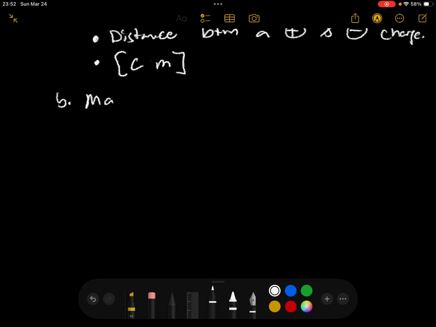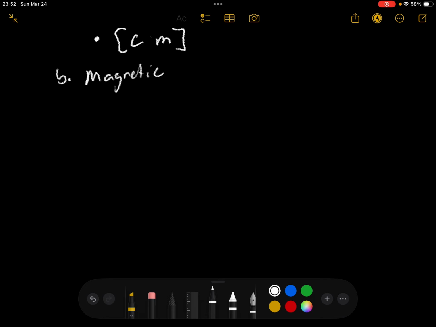Now for magnetic, it's a very similar concept, although it can be a bit different, especially since there are no monopoles. So you'll see dipoles more often in nature for magnets, or many poles, multipoles I believe they're called.